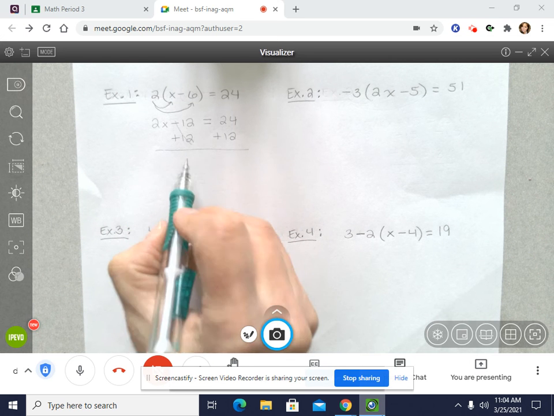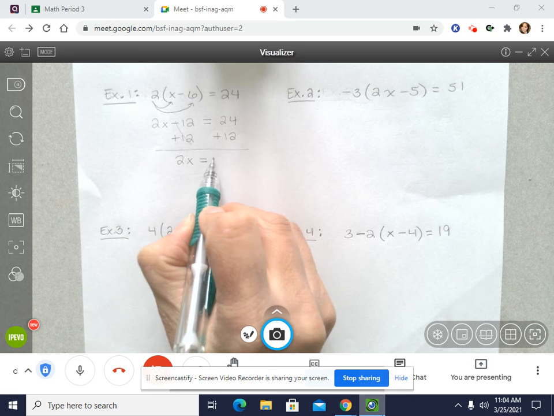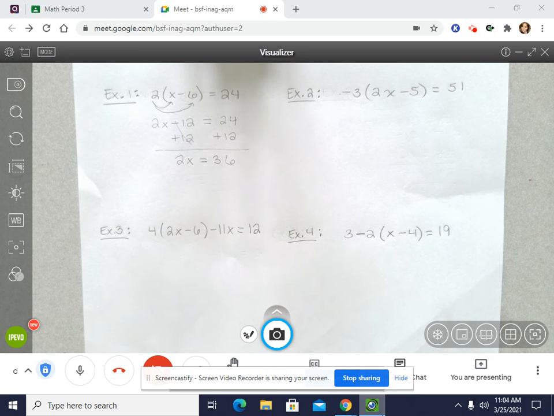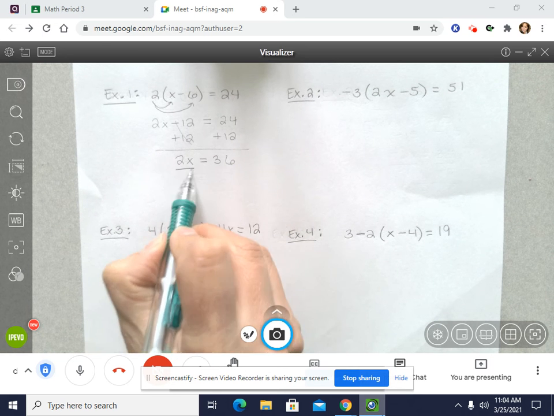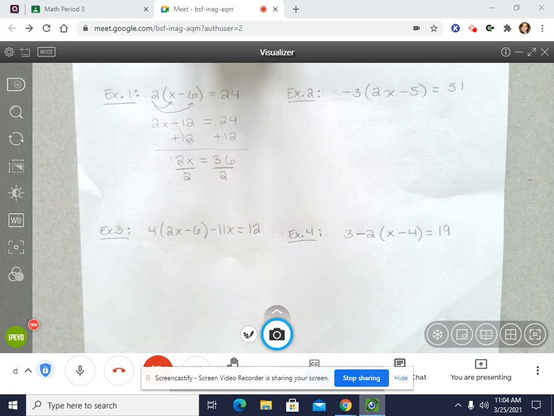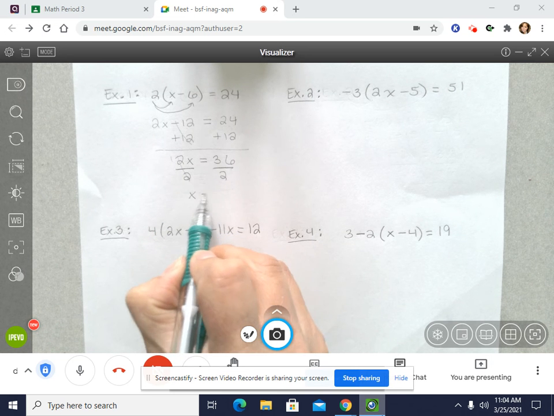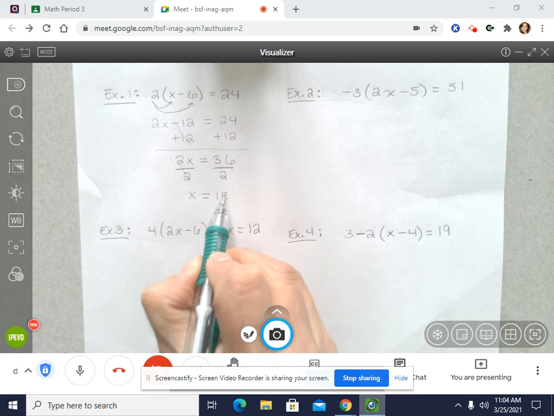Those undo one another. Bring down what's left. We have 2x equals 36. x is being multiplied by 2. Undo that by dividing by 2, right? You're just solving your one-step equation. So we're left with 1x, which is just x, equals 18.